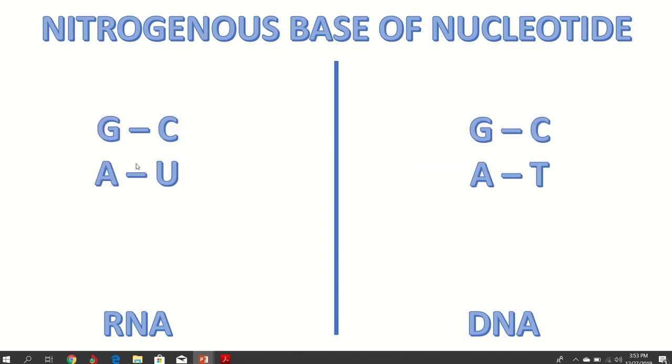So let's move on. The nitrogenous bases are also paired up, they have base pairs. In RNA and DNA, guanine and cytosine can be paired up, while in RNA, adenine is paired to uracil, while adenine in DNA is paired to thymine. So that is the difference between the two.